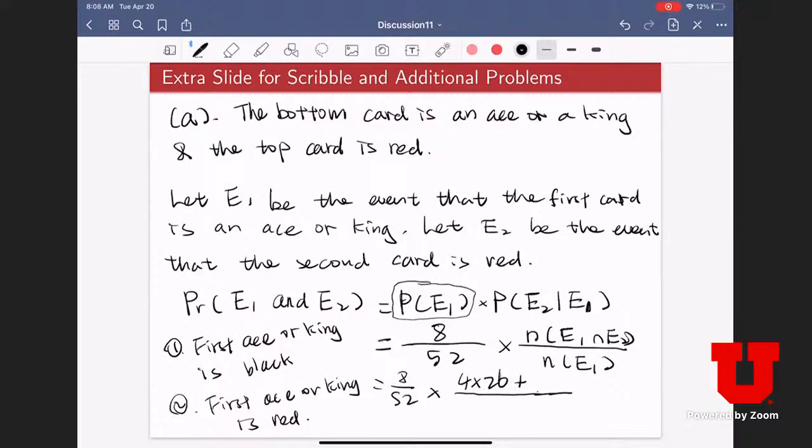In the second case, the first ace or king is red. Then we still have 4 cases, times the second card is red, and now you already picked a red card as your first card, so now you have 25 left.